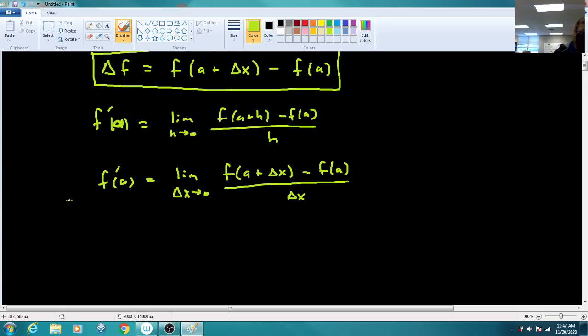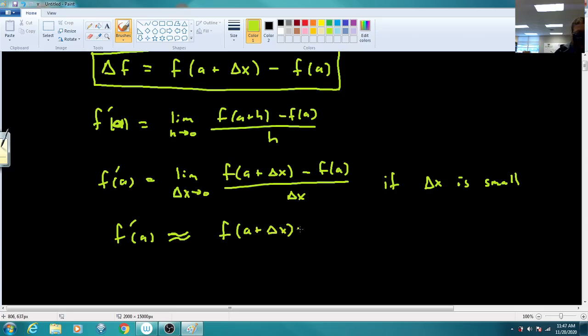And we said if delta x is small, then we could drop the limit and say as long as the delta x we're talking about is small, we can kind of get an approximation just using this part of the thing.